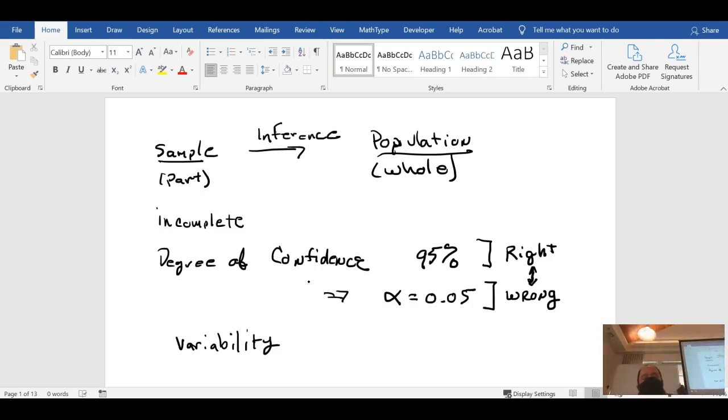That's what I mean by my degree of confidence. If I took this sample from that population and made its interval a certain size, then 95% of the time I'm going to have the true mean in that interval.